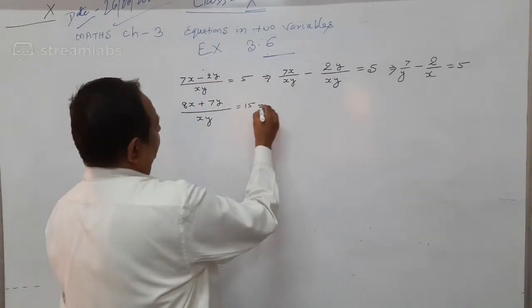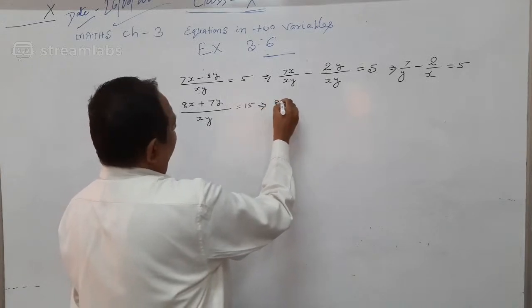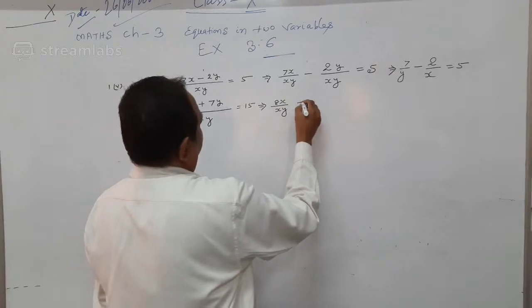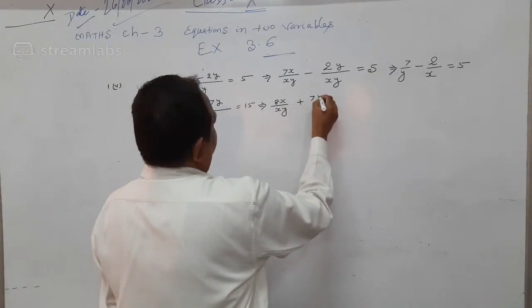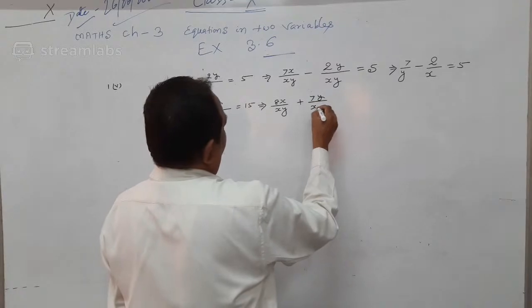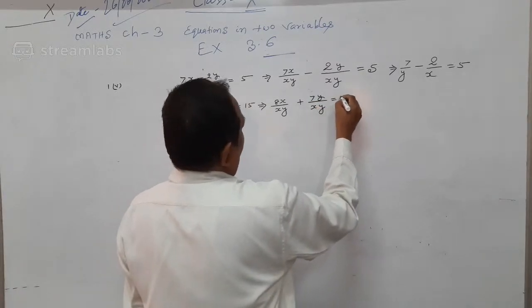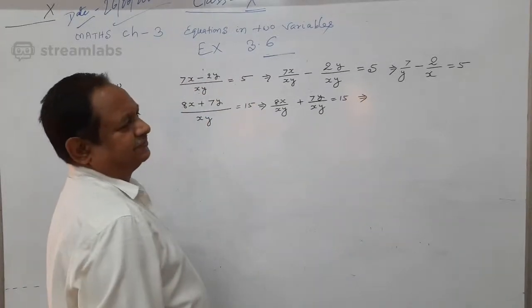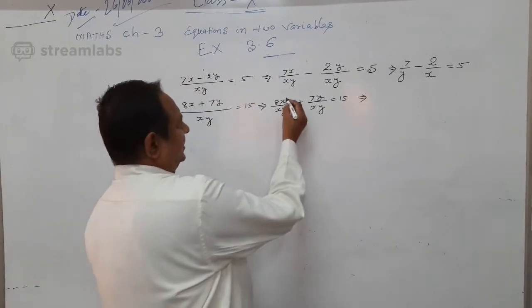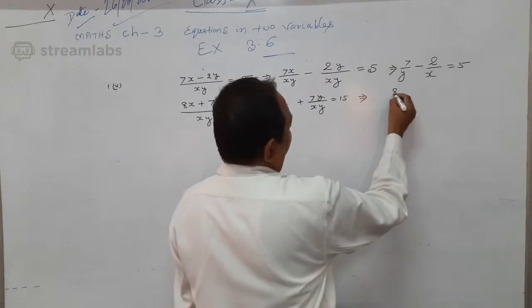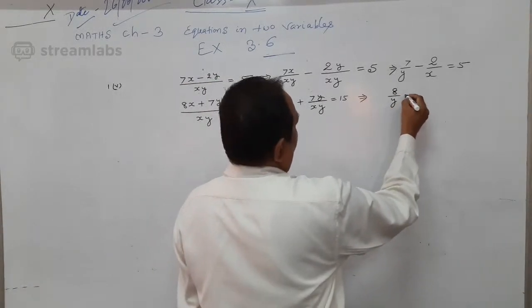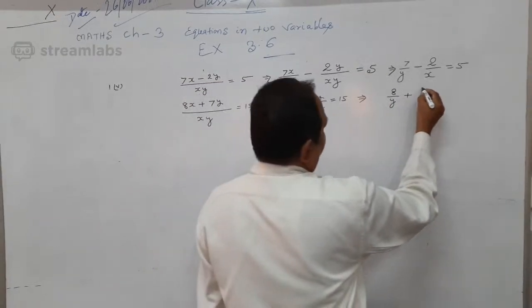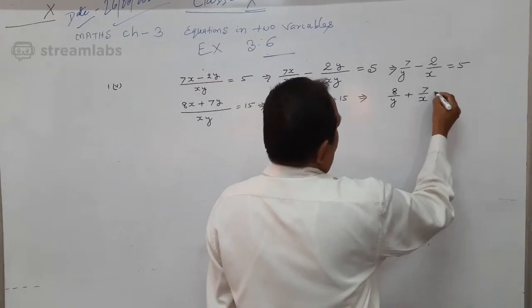This implies that 8x upon xy plus 7y upon xy is equal to 15. This implies that x cancels, 8 upon y plus 7 upon x is equal to 15.